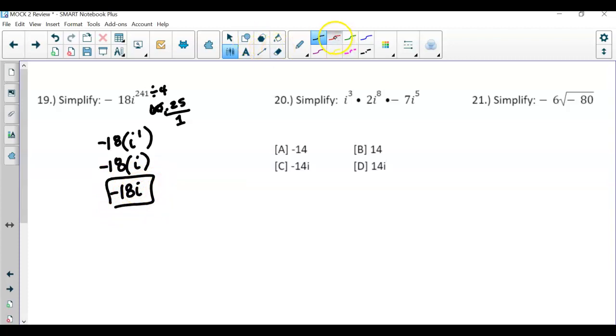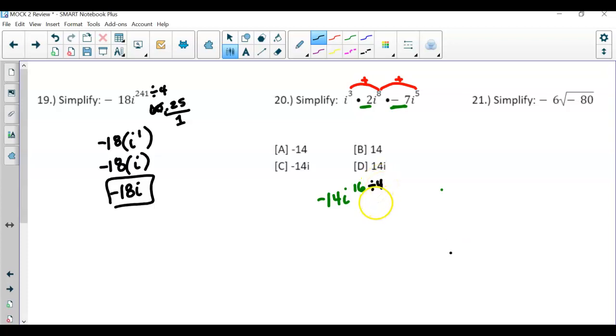Then here we're multiplying. So remember, when multiplying, don't multiply the exponents, make sure to add the exponents. However, we are multiplying two coefficients, 2 times negative 7, which is negative 14. So we have negative 14i, 3 plus 8 plus 5, which is 16. Then same thing again, we can use our quarter method and divide by 4.